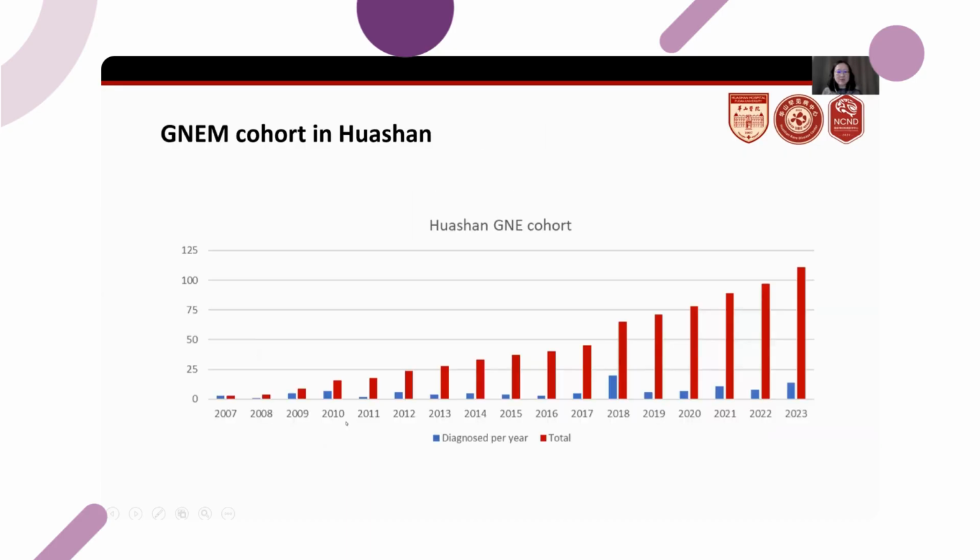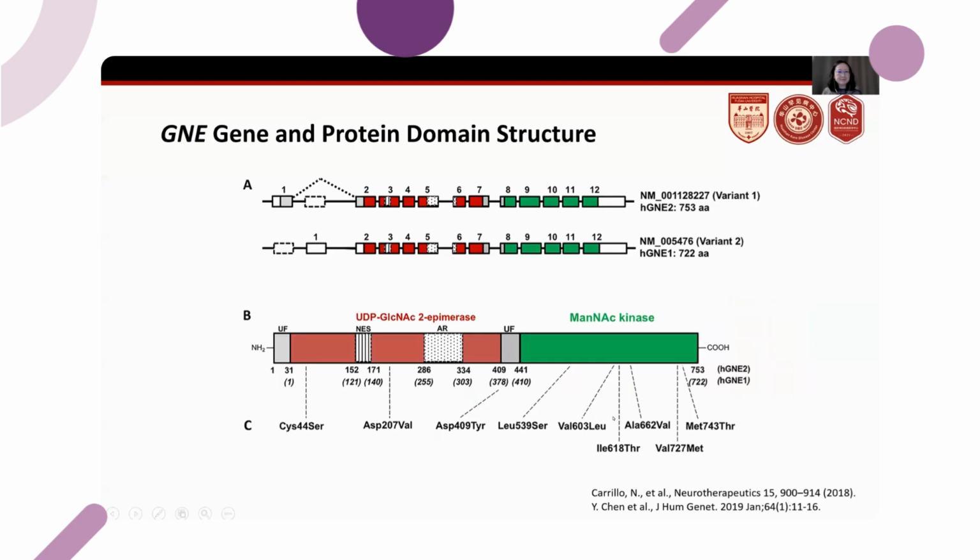We started muscle pathology in 2005, and after years and years, we have diagnosed more than 100 GNE myopathy patients, and most of them have a muscle specimen in our biobank.